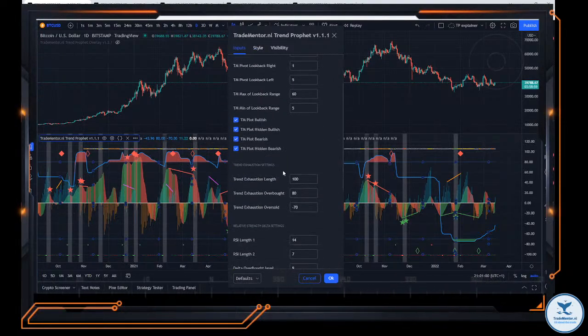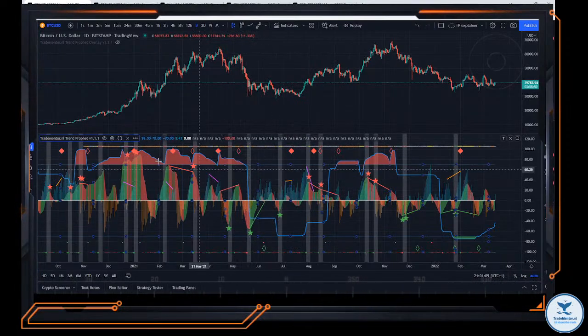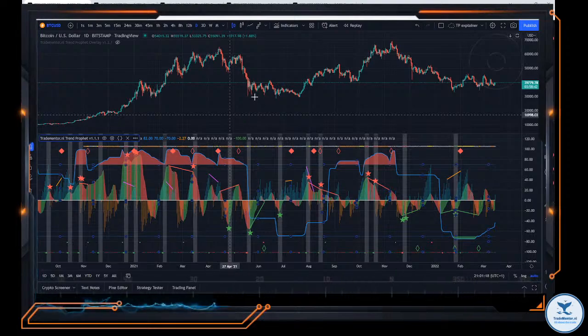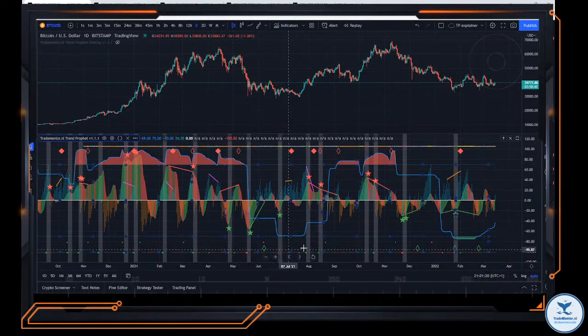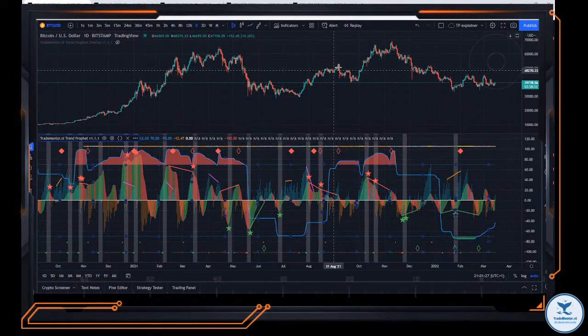We go to the trend exhaustion settings, 70 on the high, and you see that this is essentially one big overbought zone with the parabolic rally resetting fully, and here you have the steep hook back on that recovery, and it flipped into an uptrend.